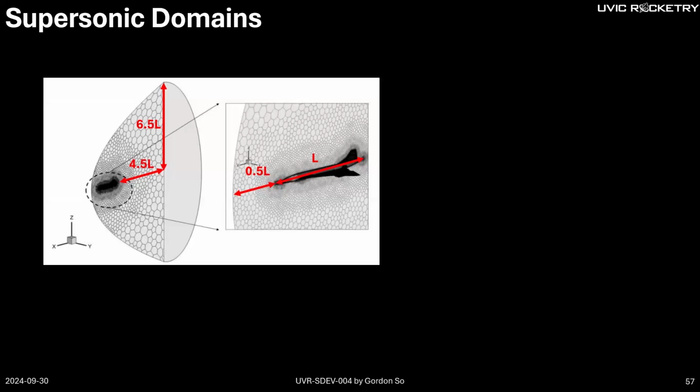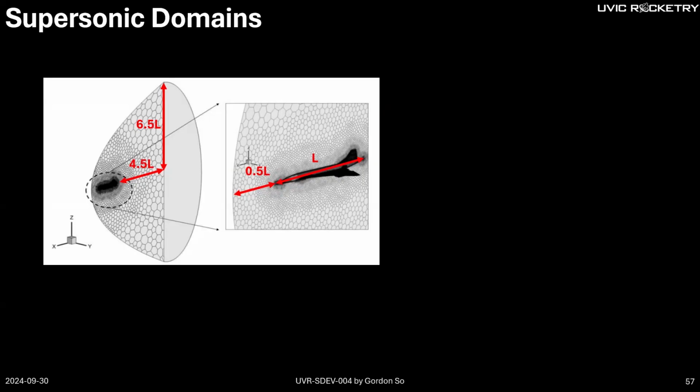You see it's way smaller than the subsonic domain. This is the same paper that I referenced. You can see it's so small because you don't really care as much, and because in supersonic flow, upstream and downstream are not really coupled. So you can just get away with this domain for your inlet.